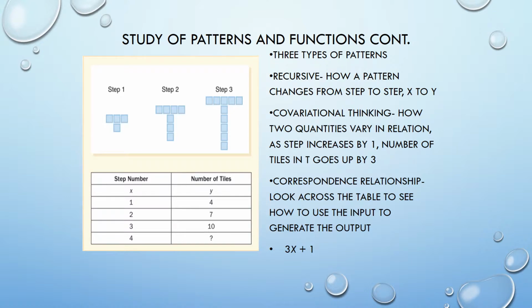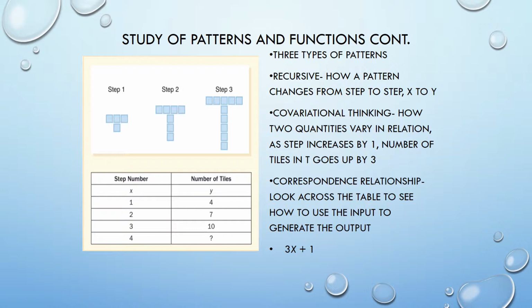The study of patterns also extends to finding a rule or a generalization. That's basically what that is. So if we were looking at this particular pattern, we would see that in step 1 there are 4 tiles, and so that's represented on our chart. In step 2 there are 7, and in step 3 there are 10.